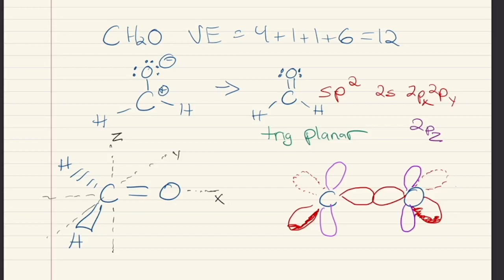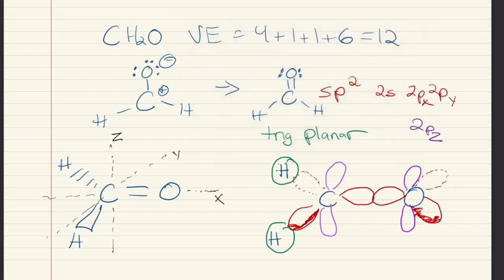When we're dealing with hydrogen, we should be comfortable in recognizing that hydrogen only has the s orbital. So hydrogen will be overlapping via a spherical s orbital.